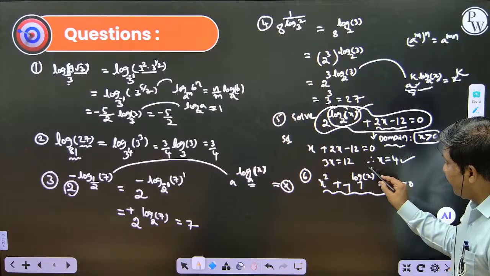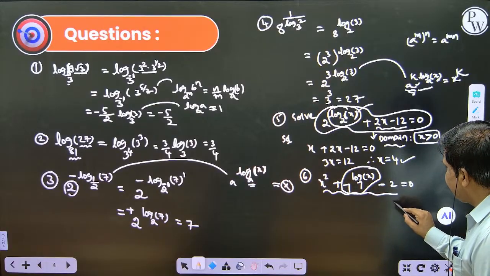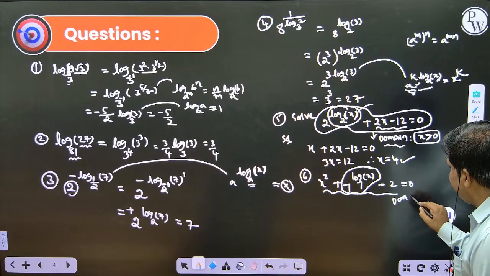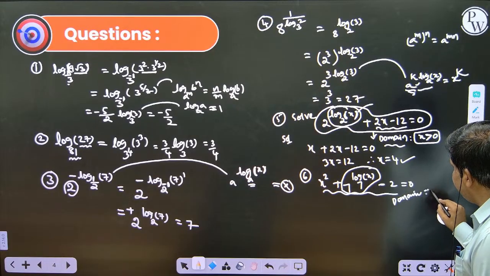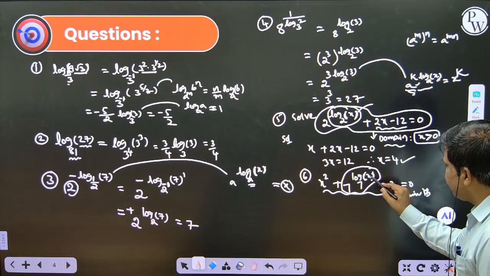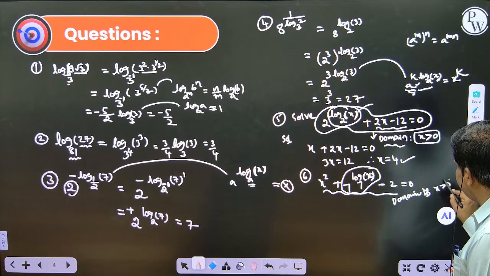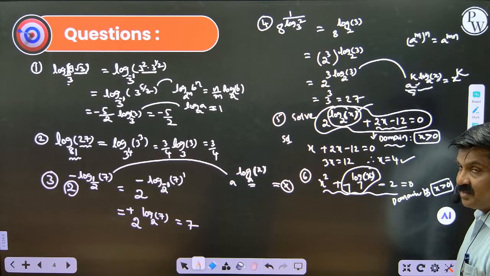Here the only disturbing function is the logarithmic function. That's why you simply write down its domain. Because of the logarithmic function, the log of the number should be positive. That means x greater than 0.